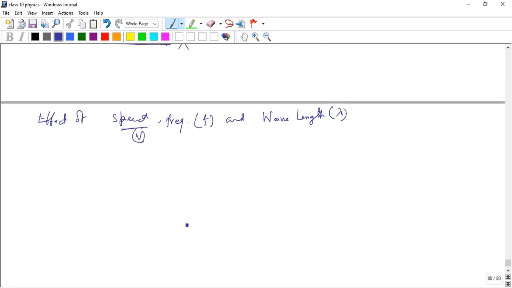So we know from the basic equation that velocity is distance by time. Wavelength is a length in meters, distance, and the frequency is 1 by the time period T. So that is equal to 1 by T times lambda, that is f lambda. So v equals f lambda.